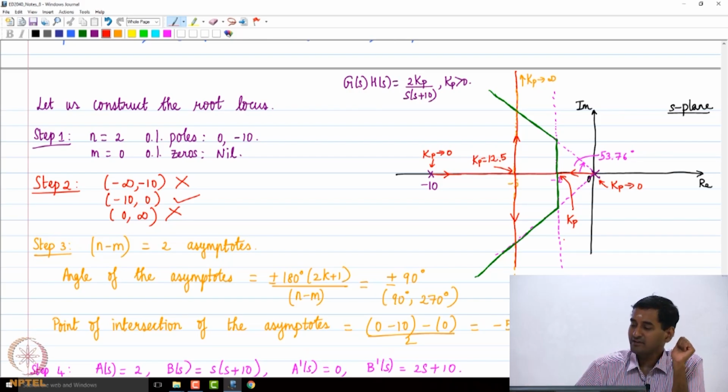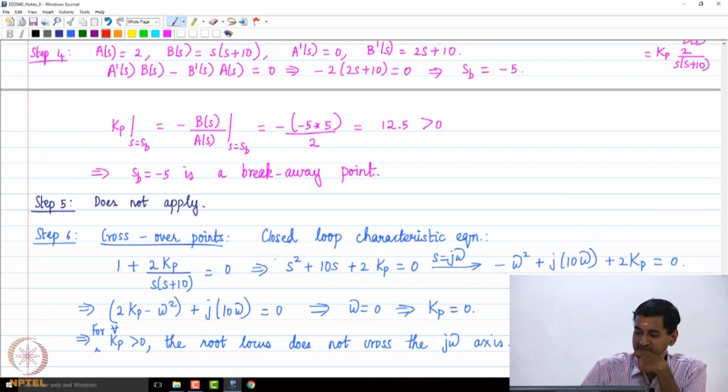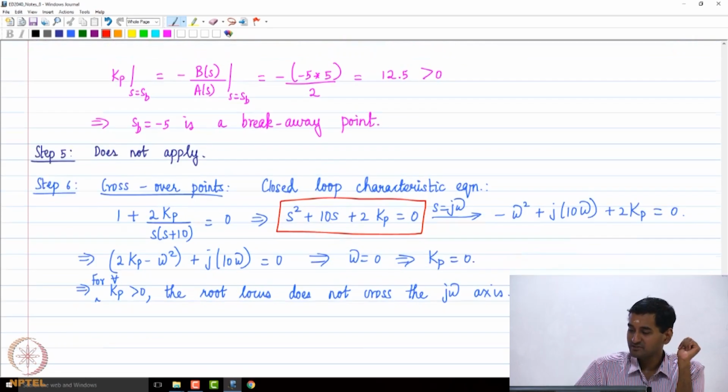What is the closed loop characteristic equation? It is this. If you substitute S equals minus 2 here, what do you get for Kp? Kp should be 8.